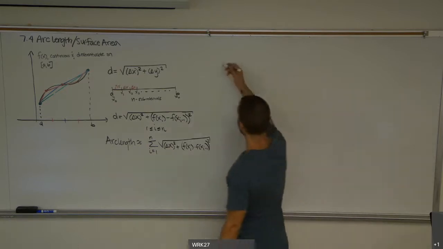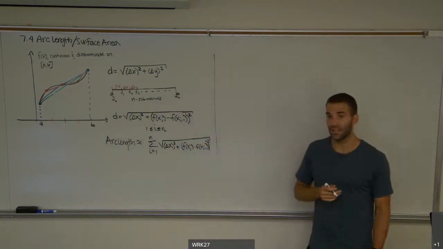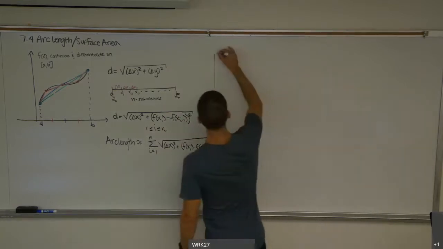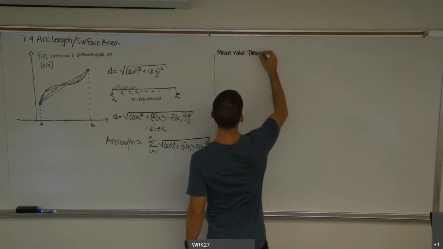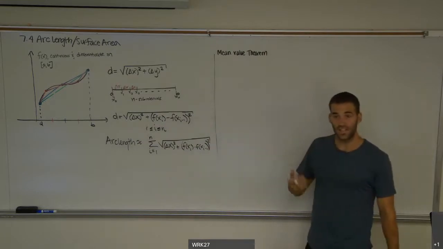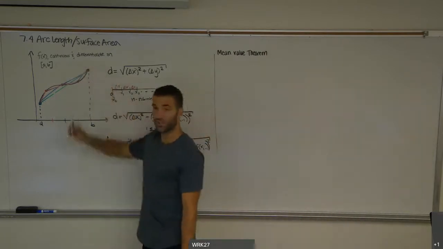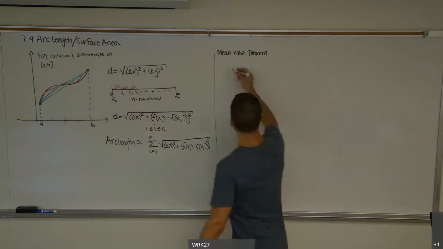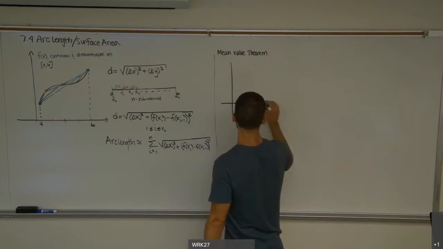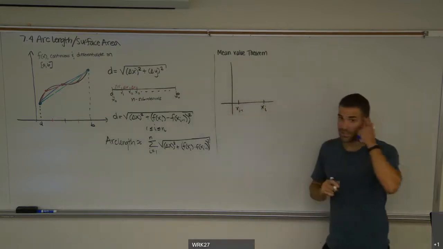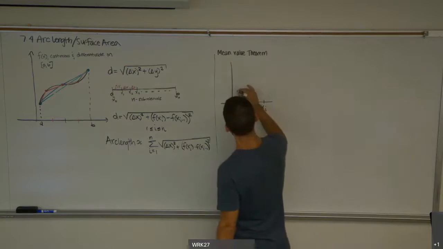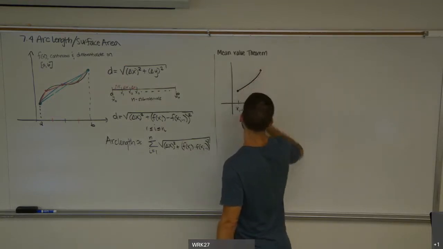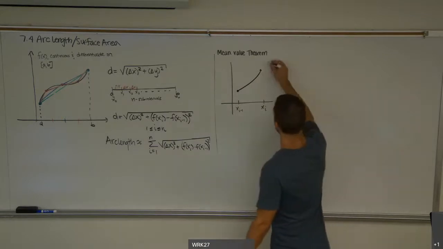And so to get that, I'm going to remind us of something that we learned in Calculus 1, which is what we call the mean value theorem. It says that as long as your function is continuous and differentiable on your interval, which it is, that's good for us, then the mean value theorem, I'll draw a picture to remind us, tells us that if we look at some sort of interval, and I'll put it in the context of what we're dealing with, so x sub i minus 1 to x sub i, look at the outputs of the curve over this interval, it's the curve f of x.